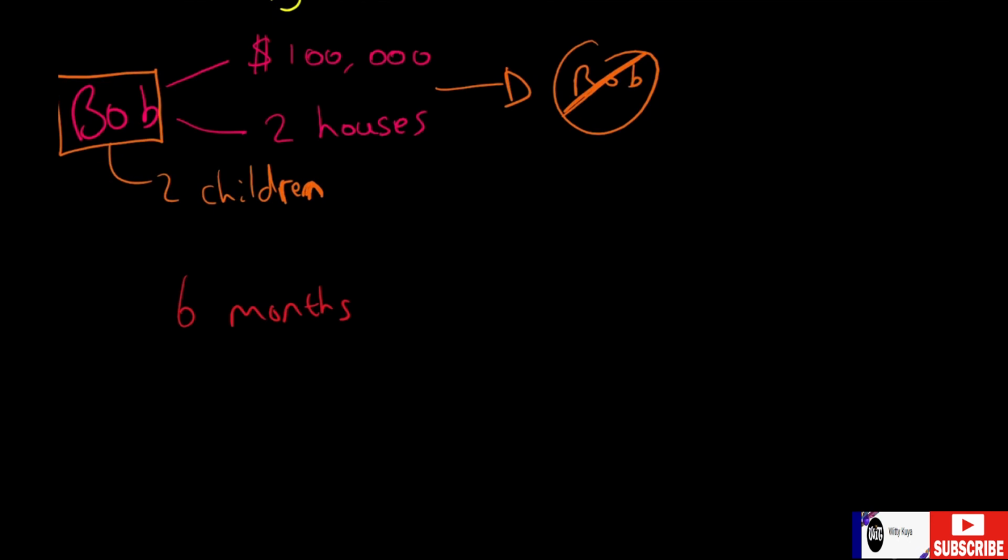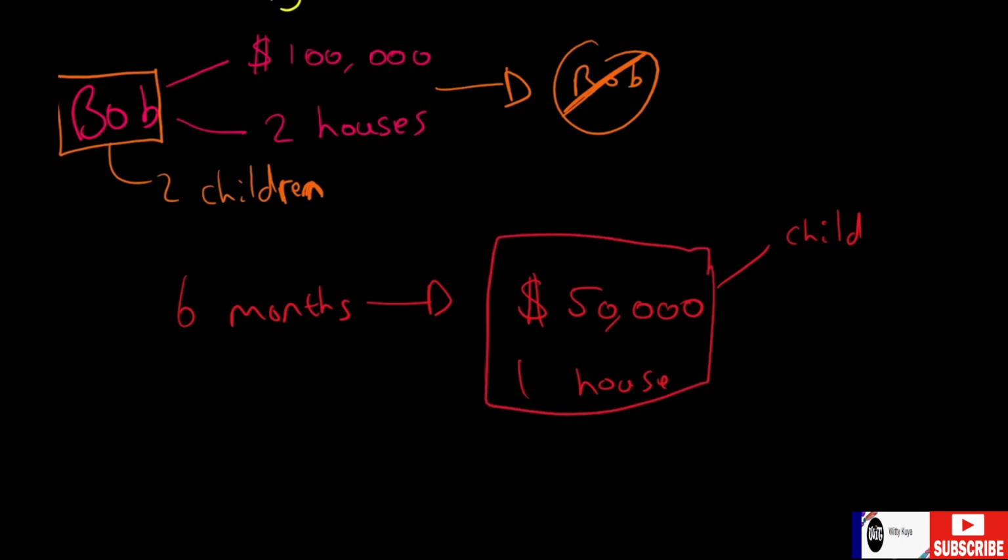And after 6 months have passed, automatically $50,000, so half of whatever he has, and 1 house is given to each child automatically.